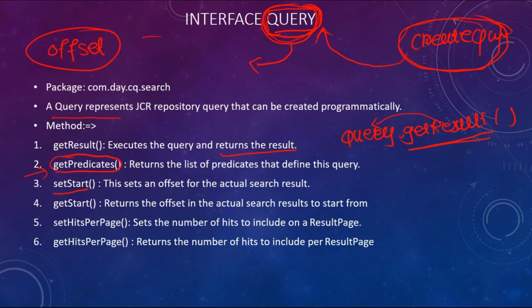That means you have a number of pages being returned, and if you want the result from a particular page, you have to use setStart and getStart. And to set and get the data per page, we use setHitsPerPage and getHitsPerPage.